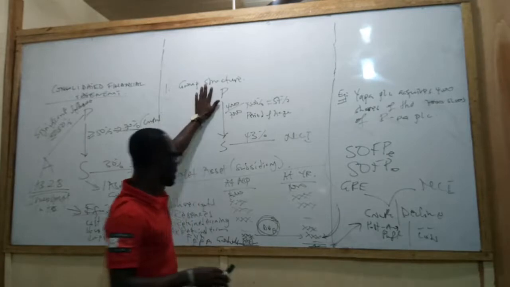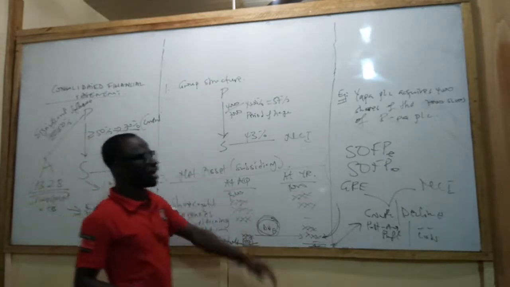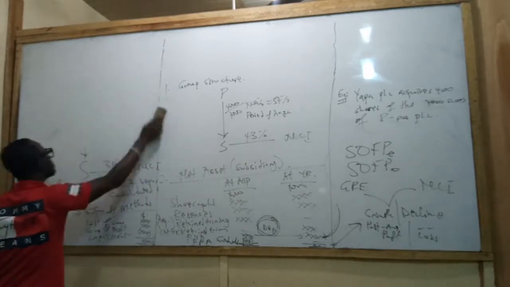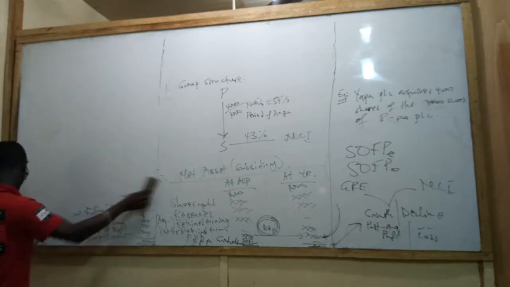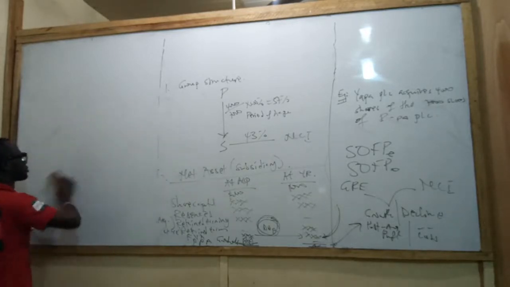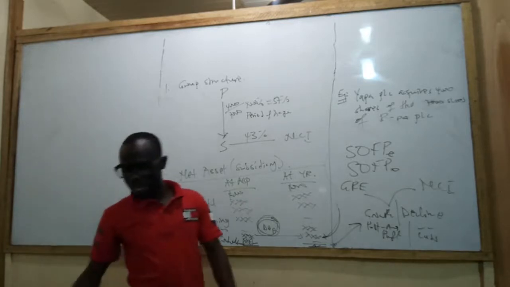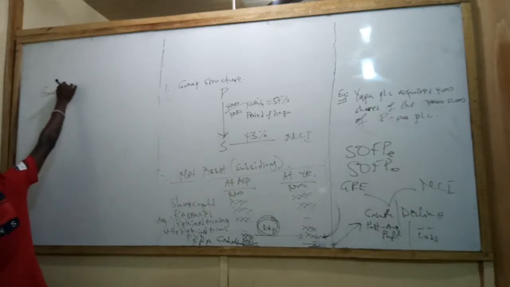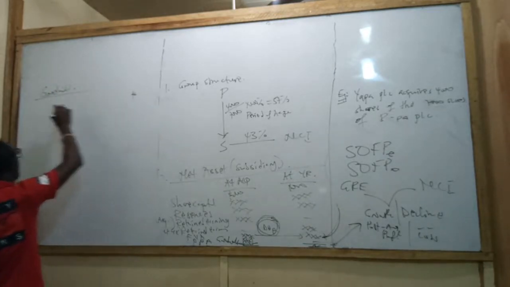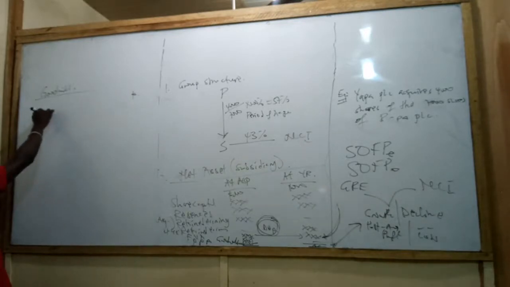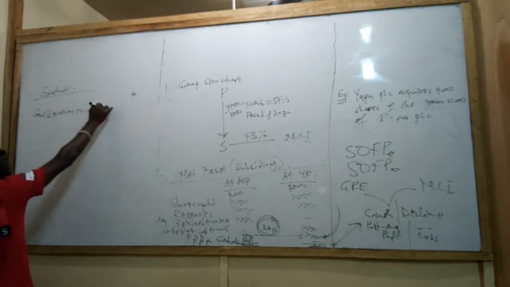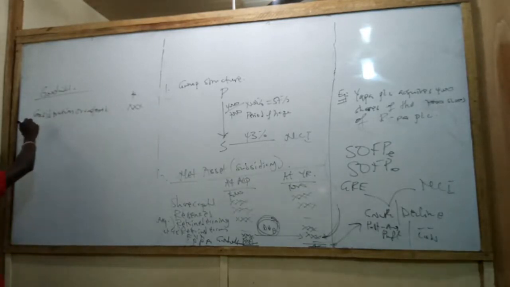So you have your group structure, you have the net assets of the sub, then you can now go to goodwill. So in heading to goodwill, how do we calculate goodwill? Simple. We're going to bring consideration transferred. Then we bring NCI, fair value of NCI.